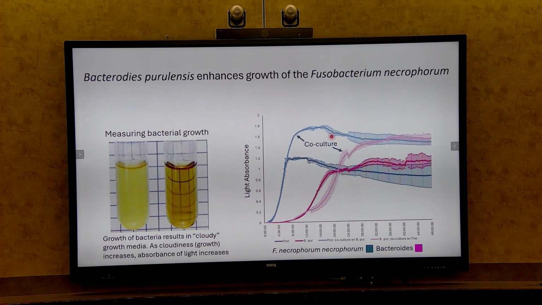And so you get this out-competition of the Bacteroides by the Fusobacteria. So those abscesses that might be all Fusobacteria versus the ones that have both of them might actually be just differences in age, where you have this natural evolution of the community towards a Fusobacteria dominant community versus a mixed community. So there's my hypothesis.